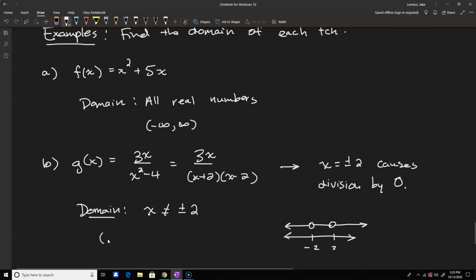So the interval notation would look like negative infinity up to negative 2, and then we'd union that with negative 2 to 2, and then we'd union that with 2 to infinity. So that is how you would write that in interval notation. Notice the two open dots kind of break it up into three separate shaded regions. So we have those three regions and then the two union operators that glue them together.